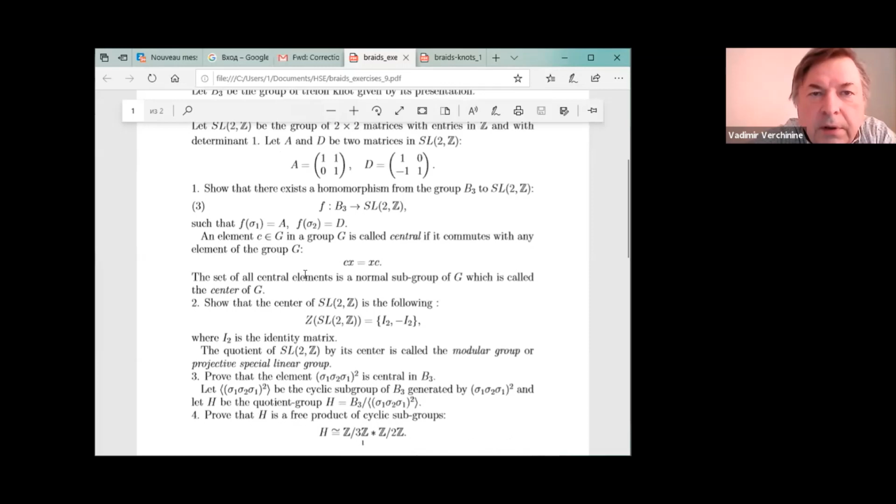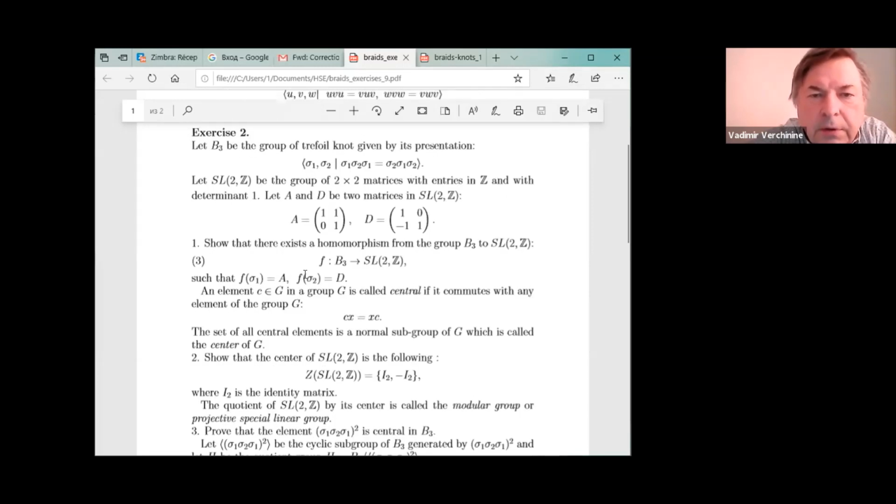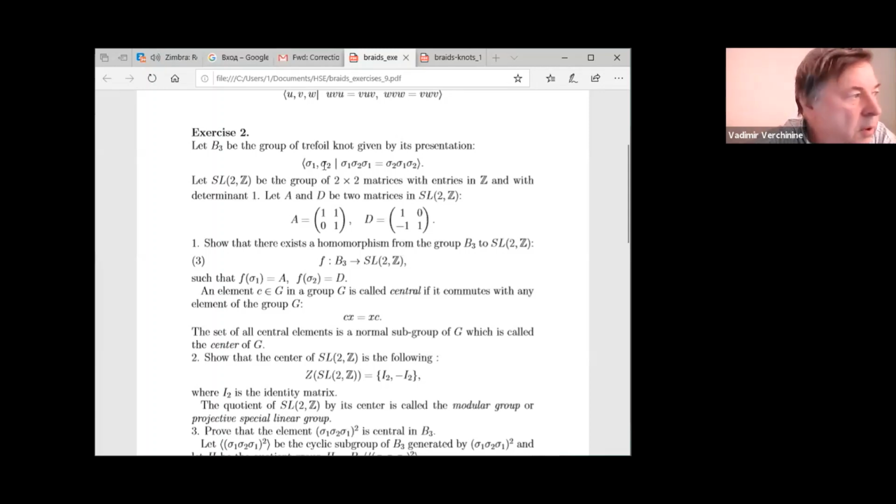And the first thing is to consider that there is a homomorphism from B3, from the braid group, to SL2(Z), and we define it on its generators.